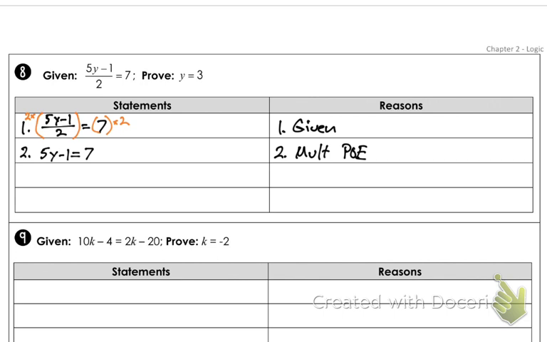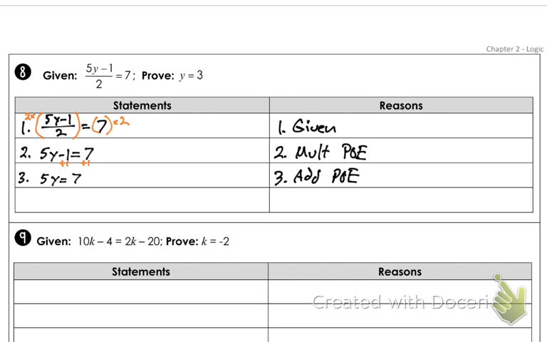After that, you should probably know what to do next. We should add 1. Does that sound right? Okay, so we're going to add 1. That will give me 5y equals 7, my addition property of equality. Caroline: it should be 5y equals 8.